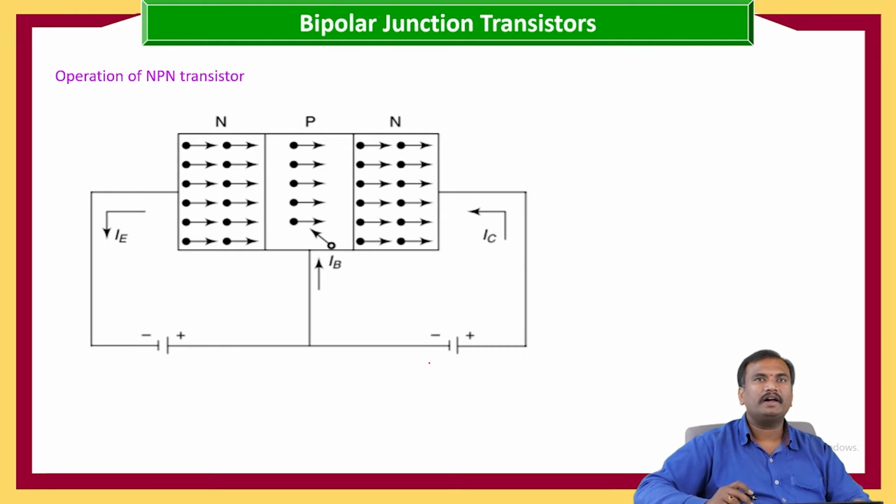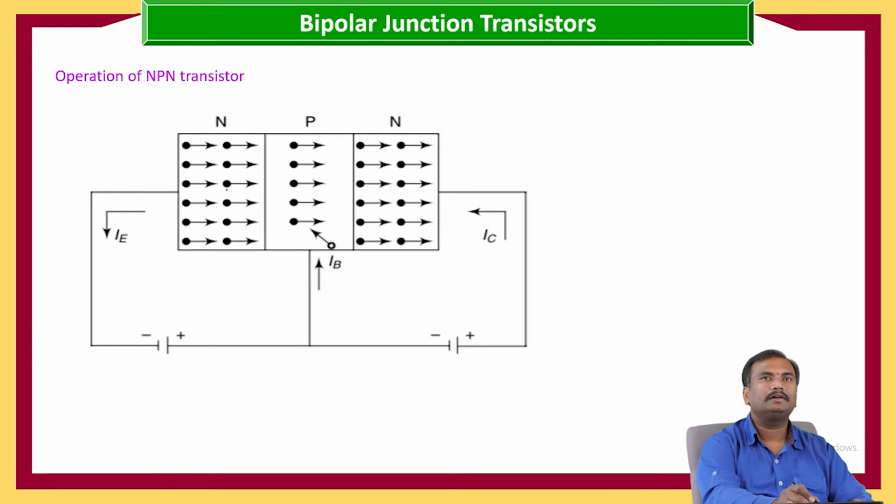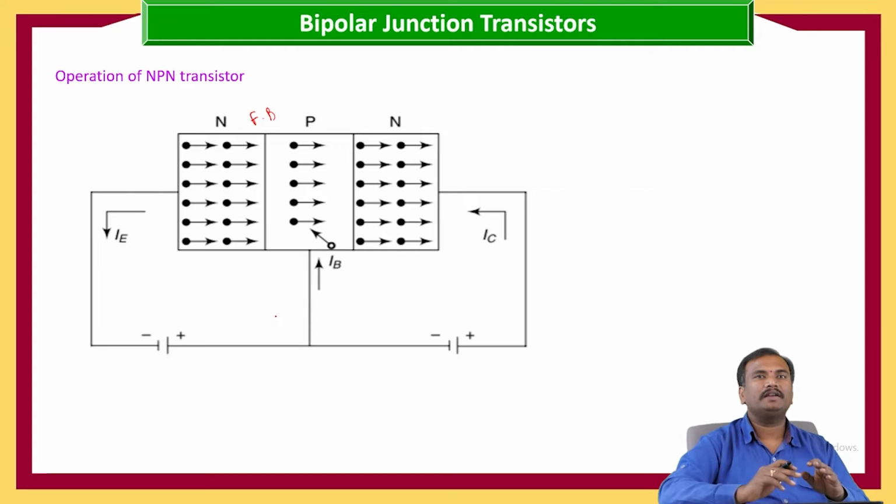So here for n type, to make this NP junction forward bias, we are going to give a negative terminal to the n type and positive terminal to the p type, so that this junction will get forward bias. Once this junction is forward bias, the negative is connected to the n type, and the emitter is highly doped.